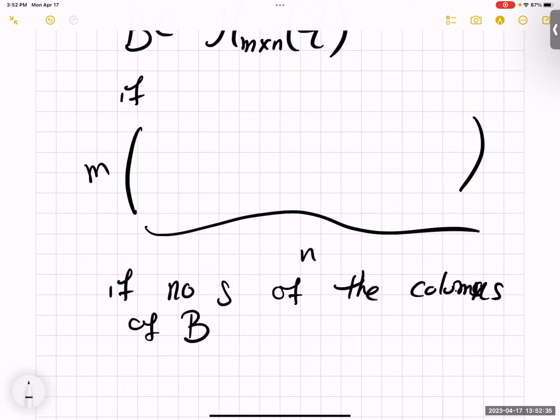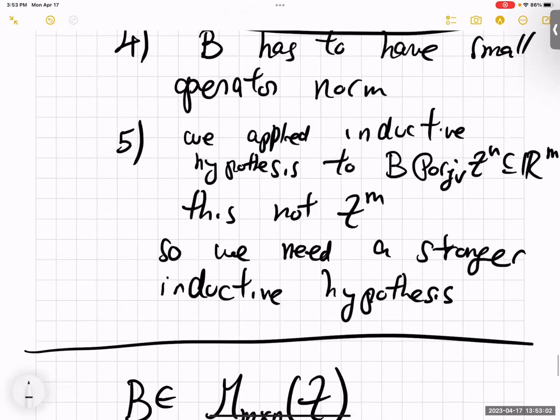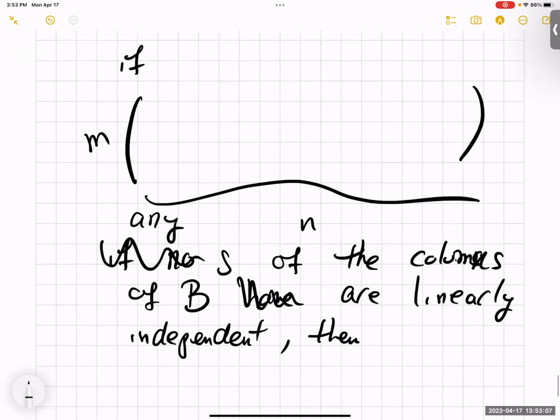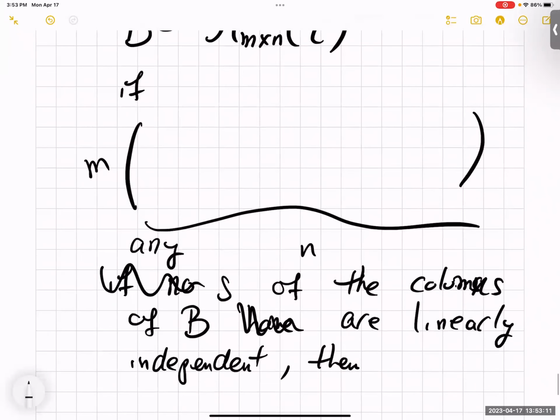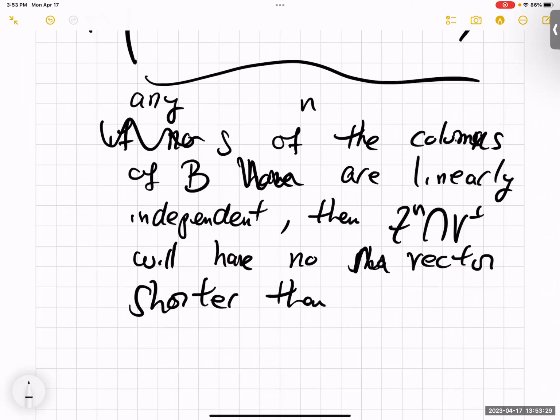Sorry, if any S of the columns of B are linearly independent, then, and that's just an exercise, item 2 holds: Z^n modulo its intersection with B perp will have no short vectors, no non-zero vector shorter than root S.